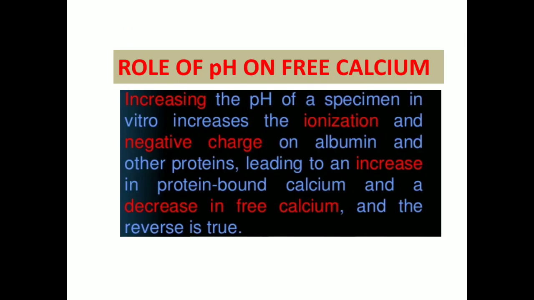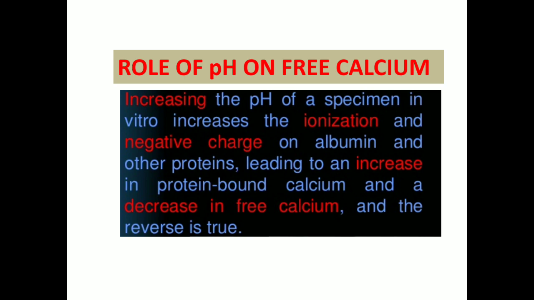Next, another very important thing which may falsely give you wrong results, mostly with respect to the free calcium. The free or ionized calcium level may vary very much depending on the pH. So once you collect the sample, if due to different reasons the pH of the sample changes, then the amount of free calcium may change.